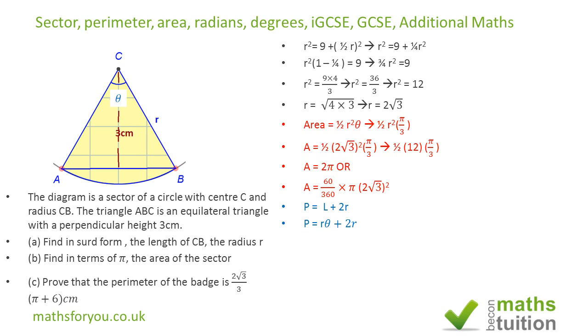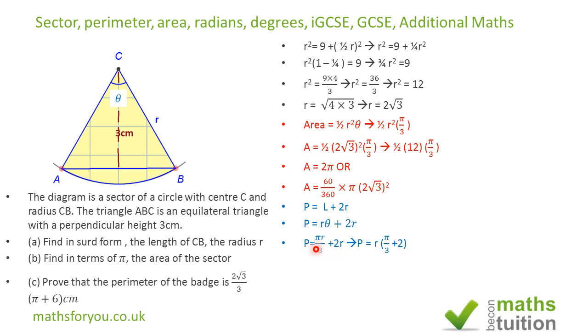Now L in radians will be R theta. So P is equal to R theta plus 2R. Right. Now theta we know is pi over 3. So R theta becomes R pi over 3 plus 2R.